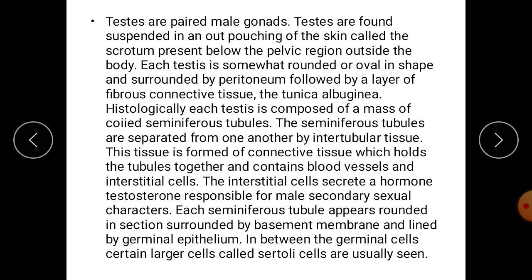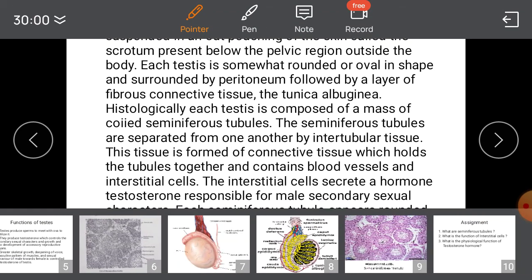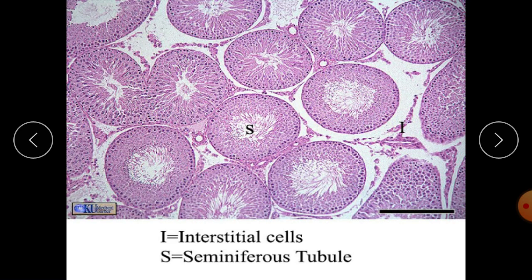And outside each seminiferous tubule, look here, this is the cross section of testis. These are seminiferous tubules. Outside the seminiferous tubules, connective tissue is here. This space is filled with connective tissue, and here in between several seminiferous tubules, interstitial tissue is present.